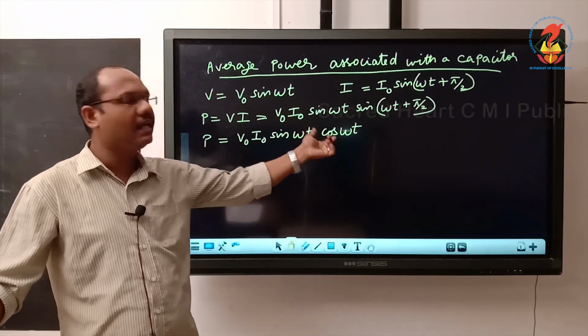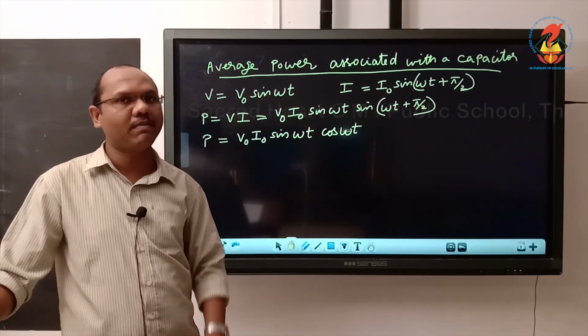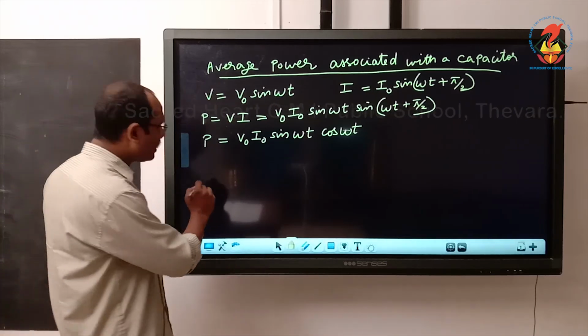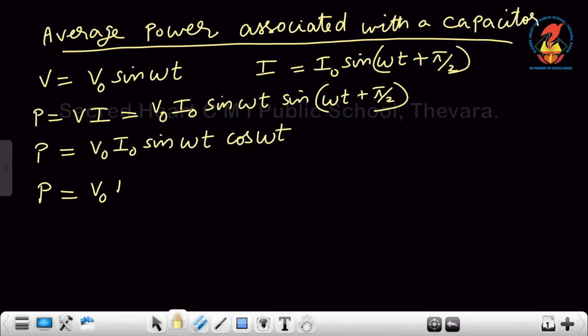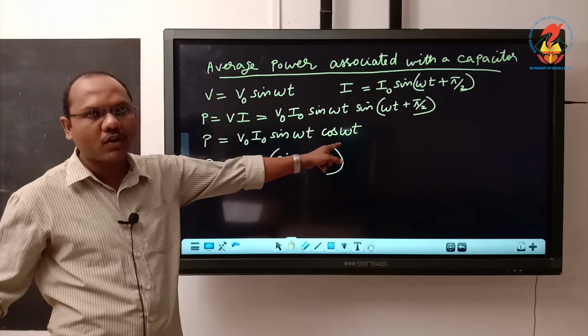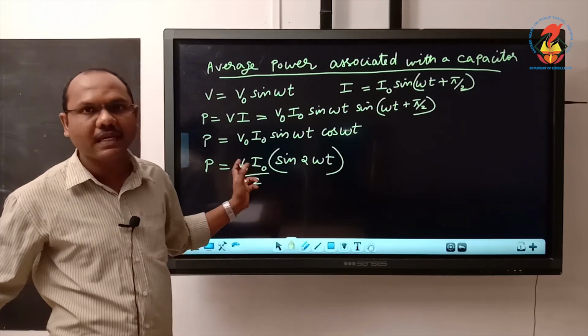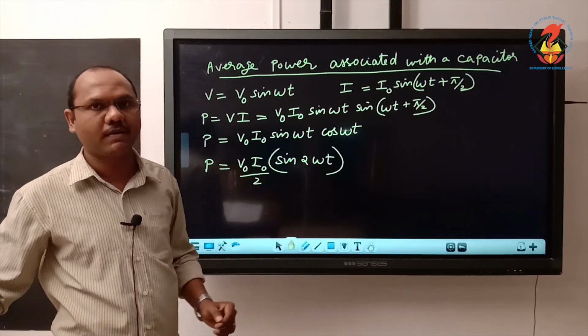So sine omega t cos omega t can be written as sine 2 omega t divided by 2. So P is equal to V0 I0 sine 2 omega t whole divided by 2. This is the equation for the instantaneous power.